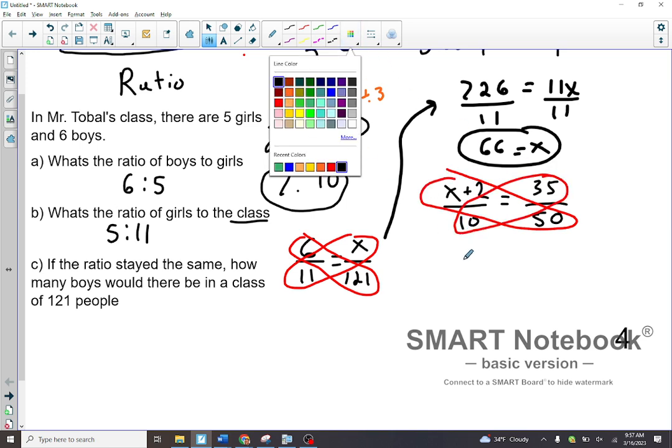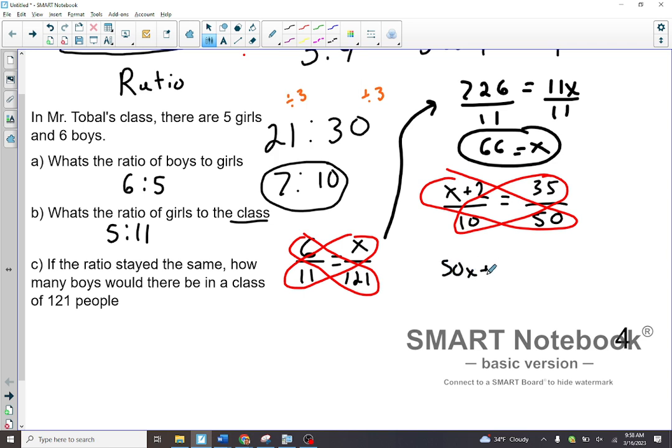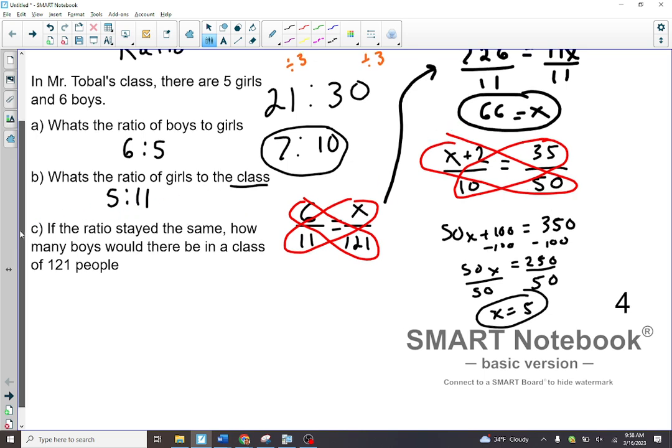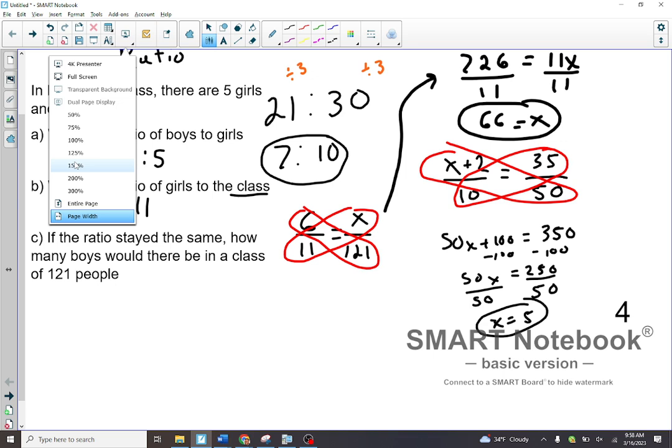You cross multiply. 50x plus 100 equals 350. Subtract 100 on both sides. 50x equals 250, divided by 50 on both sides. X equals 5. So you might also have a proportion like that, okay? That's it for this section.